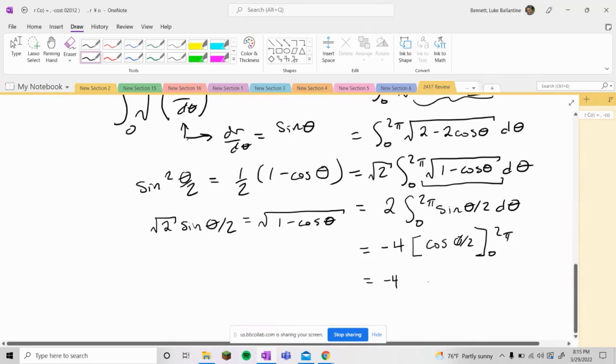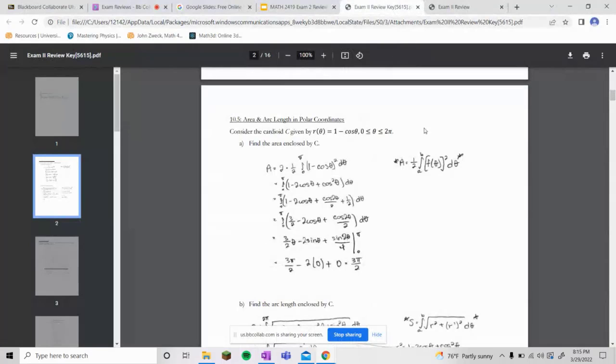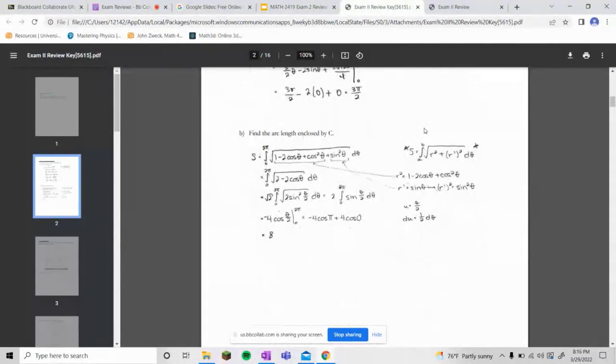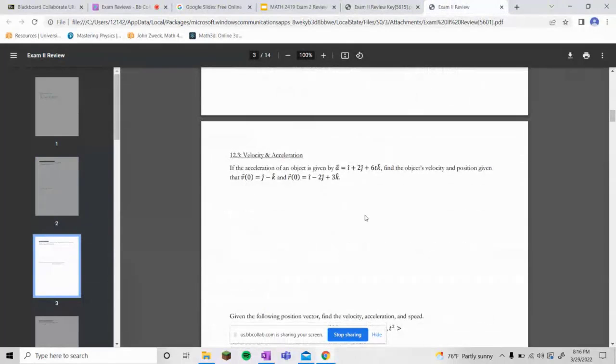So this is negative 4 cosine pi minus negative 4 cosine 0. So this just turns to 8. So that's like circumference. Okay, so that's all the polar we have.